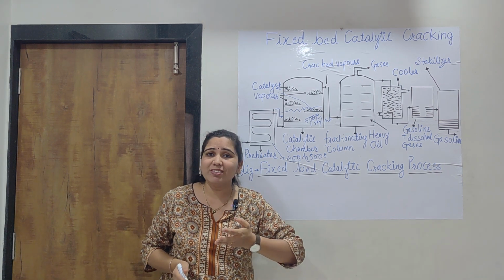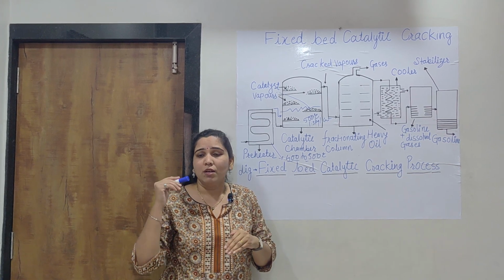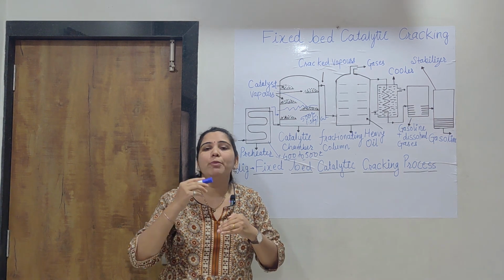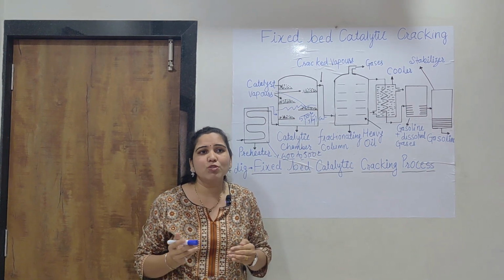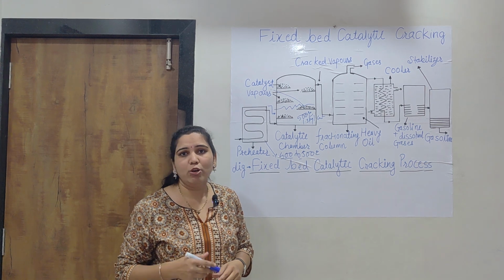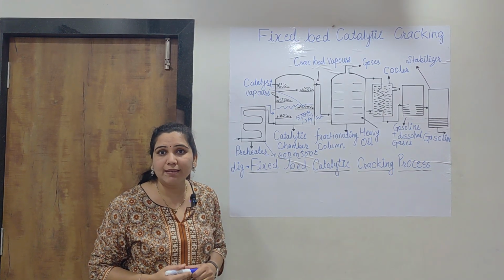It can also be regenerated by passing very high temperature, so that the carbon residue is removed as carbon dioxide or different gases by the process of burning or combustion. In this way fixed bed catalytic cracking occurs.